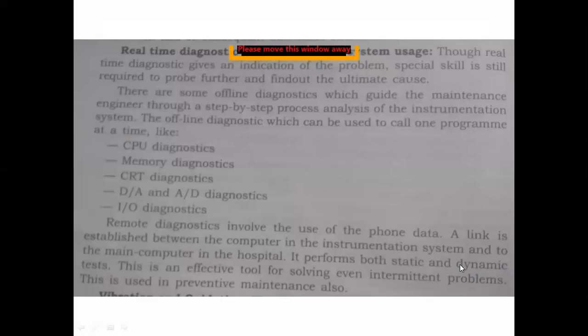Static means we are not measuring, we are just taking input, so those variables are not changing with respect to time. Suppose we are measuring the ECG waveform from a patient; while collecting the data from the patient, we can also diagnose the system. So like this we have dynamic and static tests.